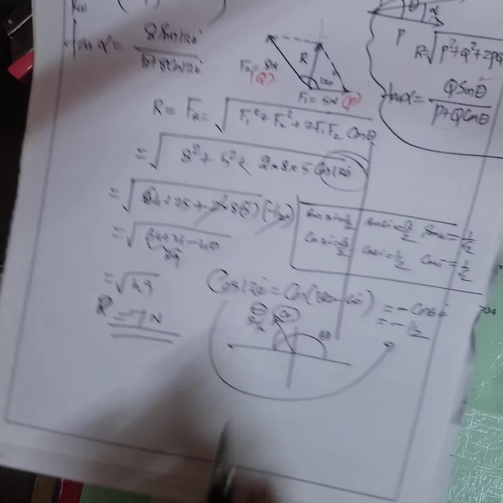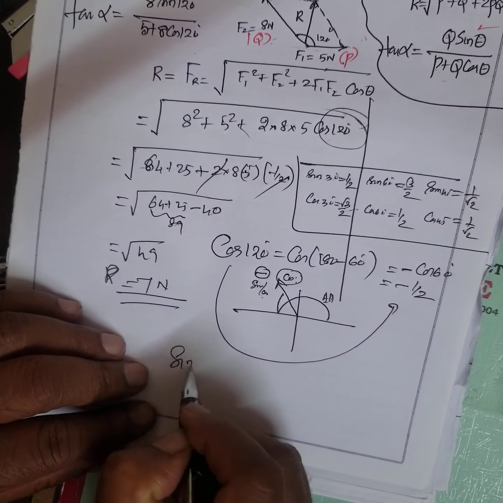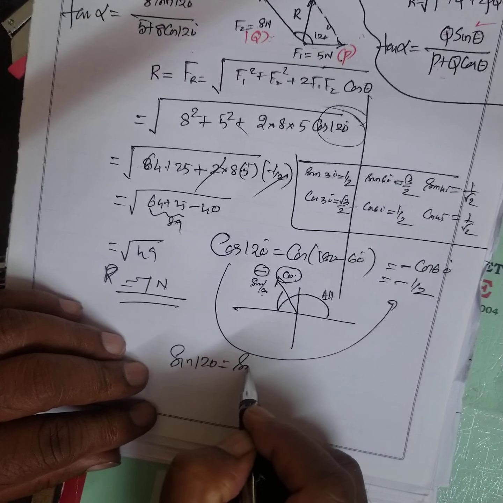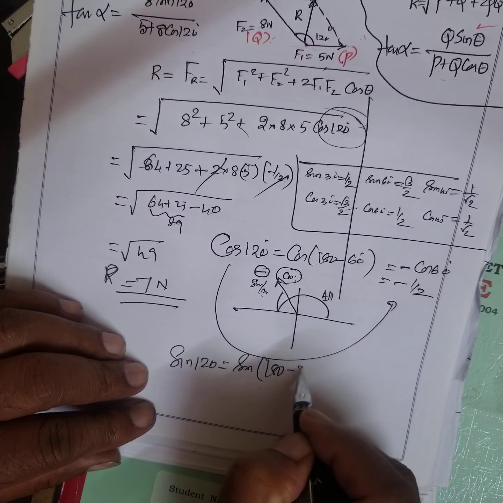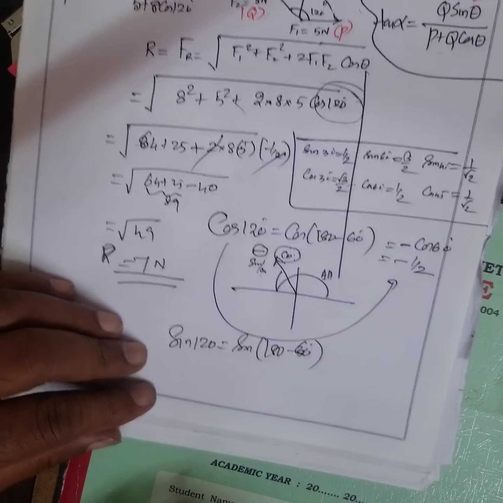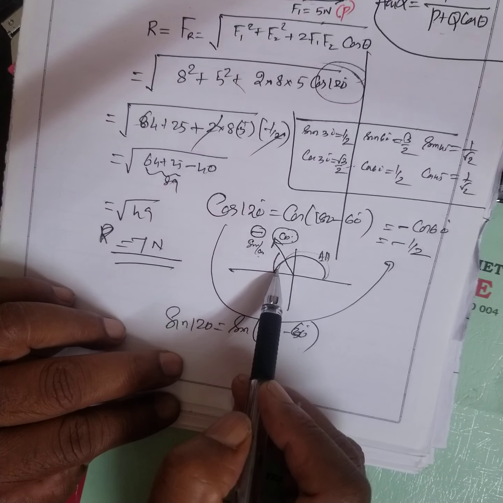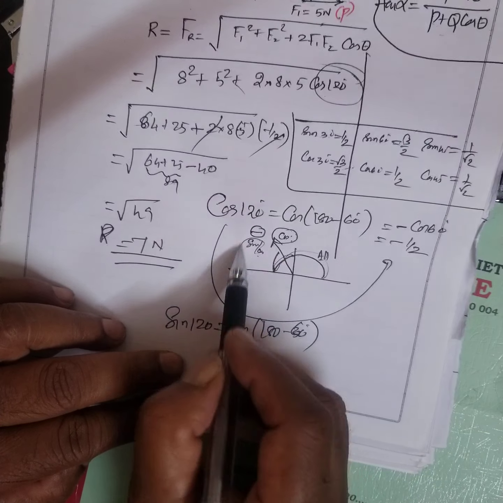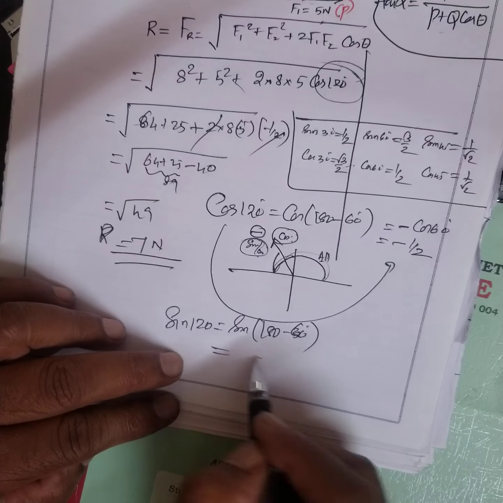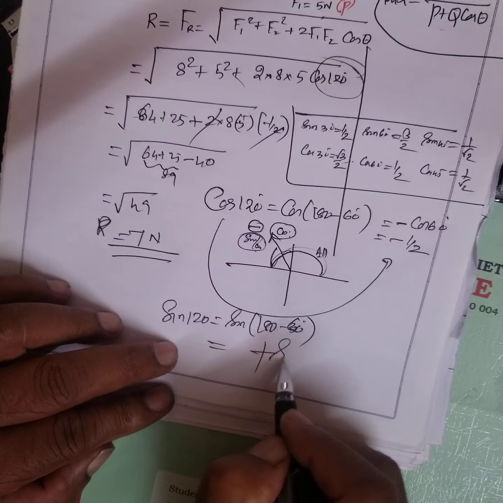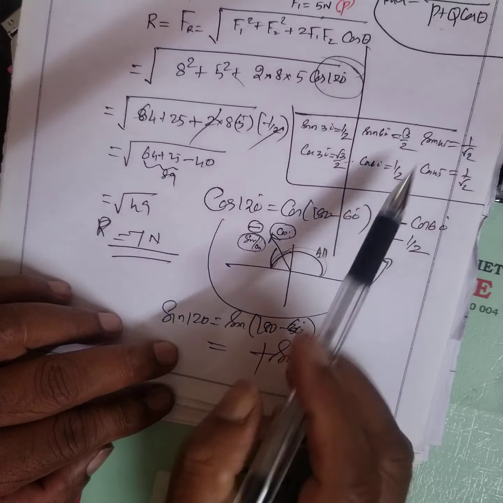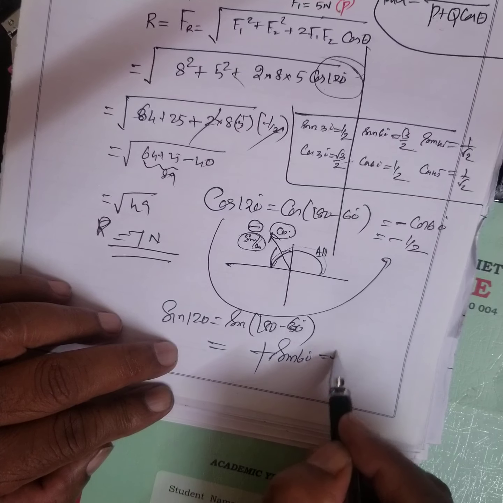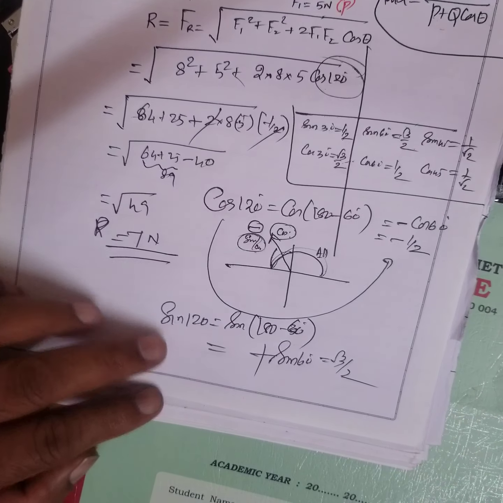Now how to learn this one? Sin 120 is sin 180 minus 60. Sin is positive here, therefore you write positive, sin 60 only. Sin 60 is root 3 by 2.